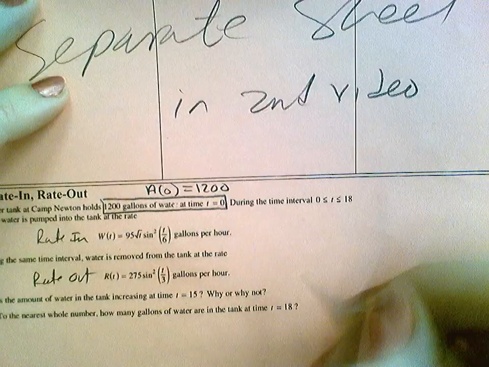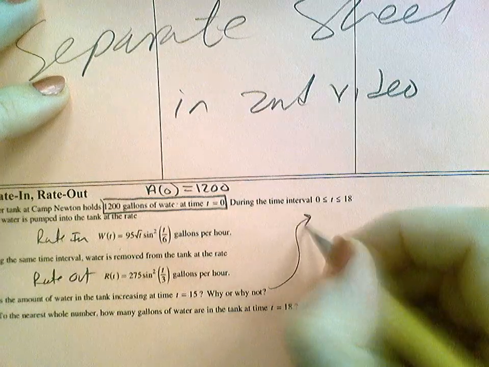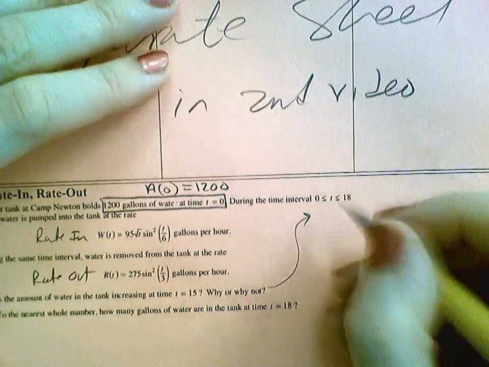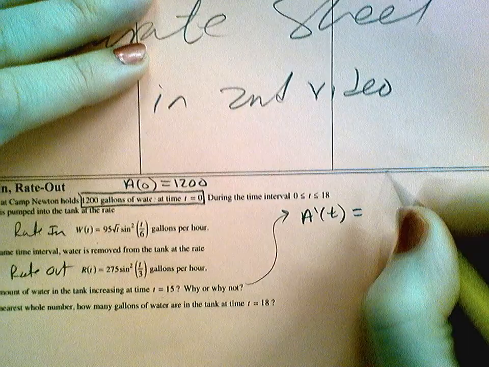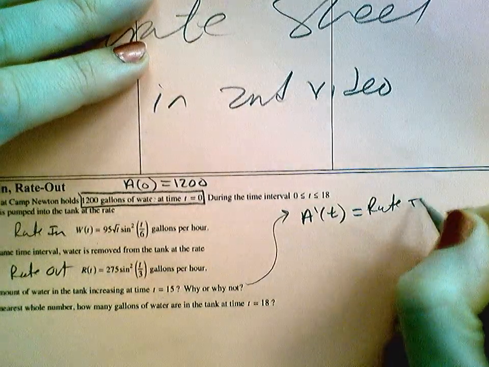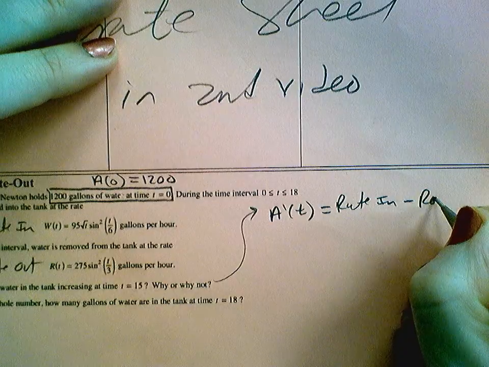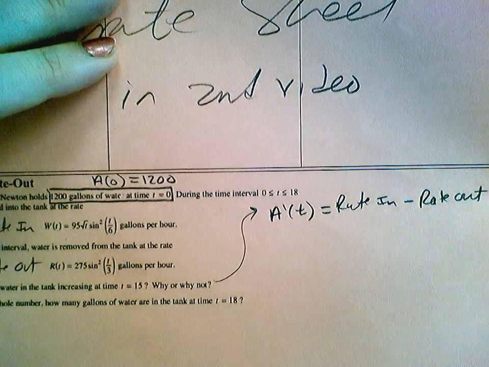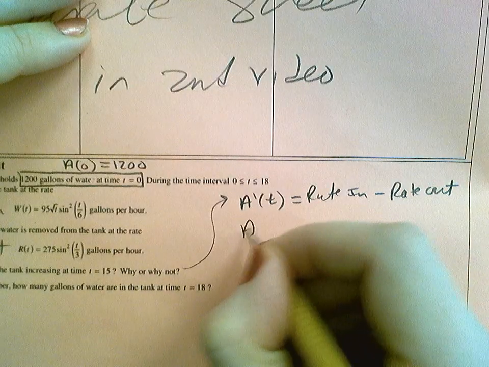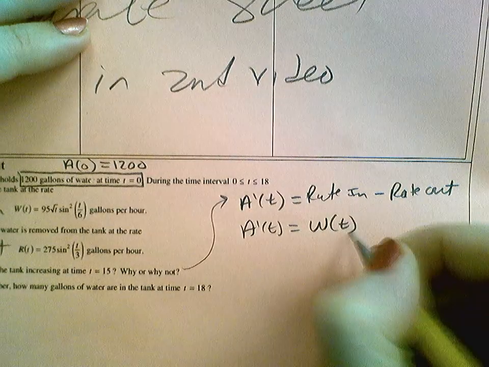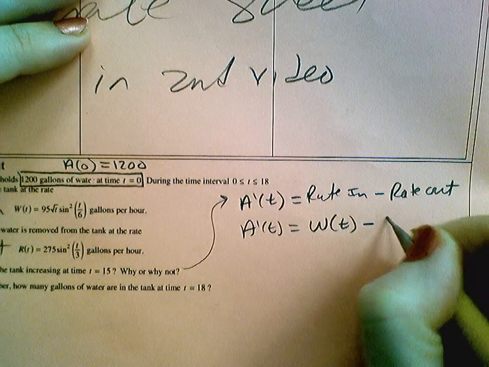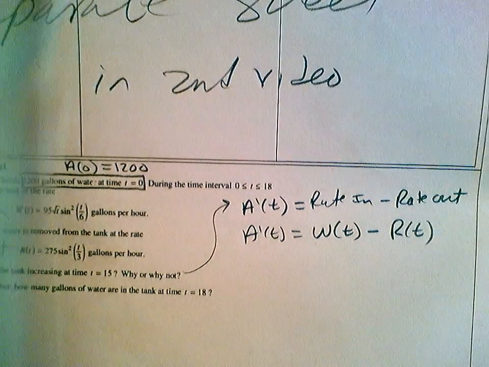At time t equals 15 hours. So up here I'll say that A prime of t is going to be equal to the rate in minus the rate out. So A prime of t is equal to W of t minus capital R of t.